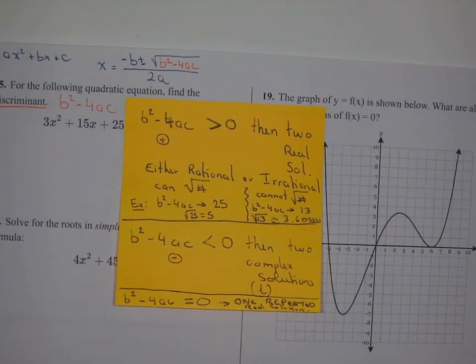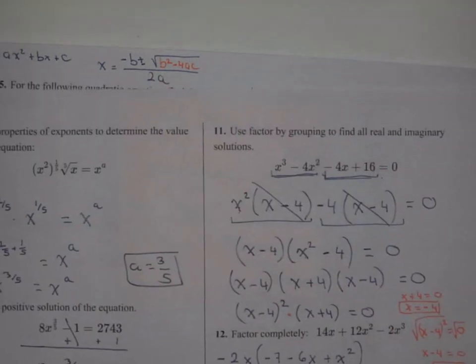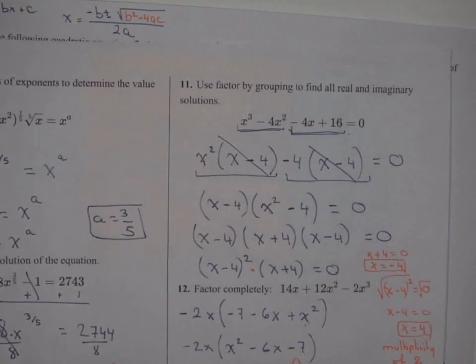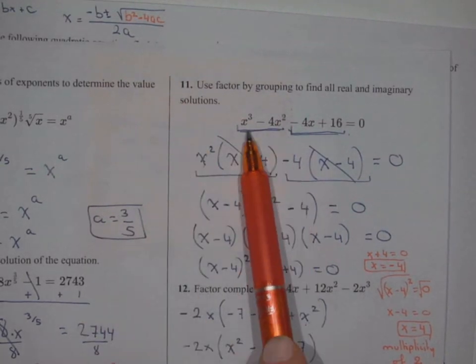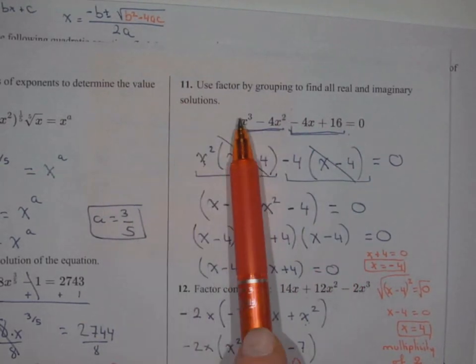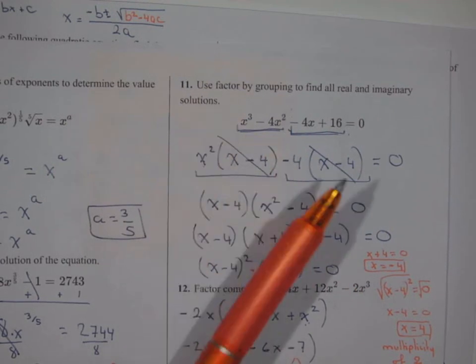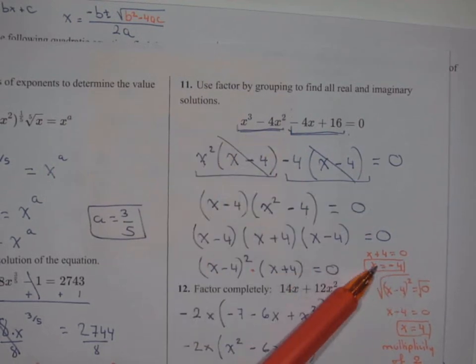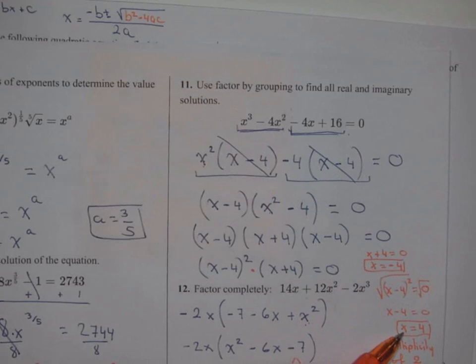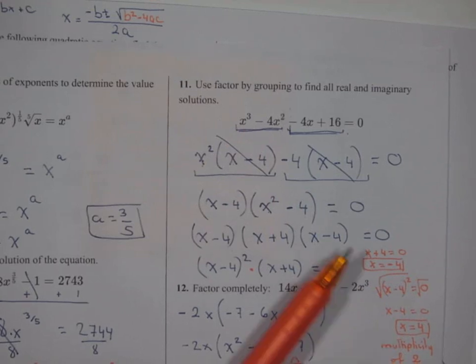And let me go back to the example I looked at, if I can find it. It was right there. We had to solve number 11. We had started with a cubic, so we knew we were looking for 3 solutions. But when we were done, we only had x equals negative 4 and x equals 4. And we said, uh-oh, trouble in paradise, right?